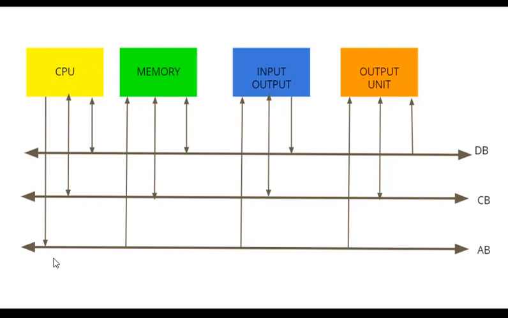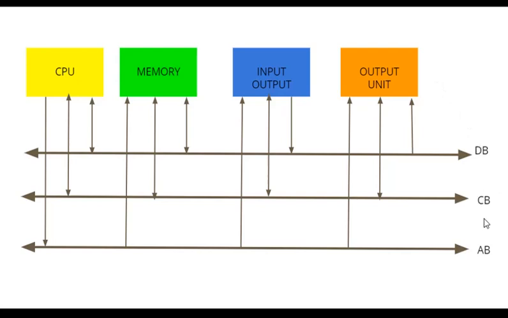And when the data has to be given from the microprocessor to different units, the flow is from the address bus to the memory, from the address bus to your input device, and from the address bus to your output unit. So this is how the address bus is used to transmit the addresses from your CPU to different memory locations and IO devices.